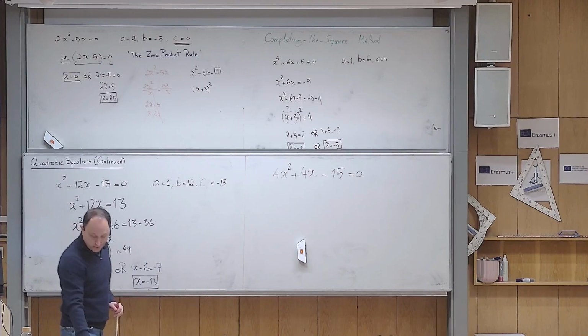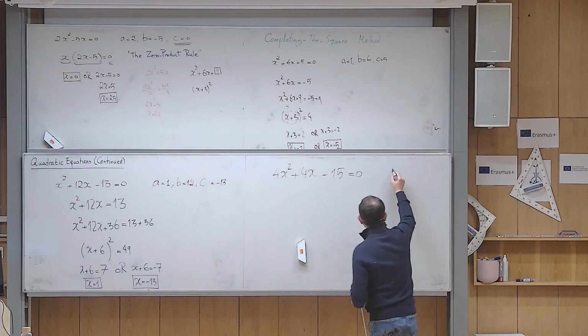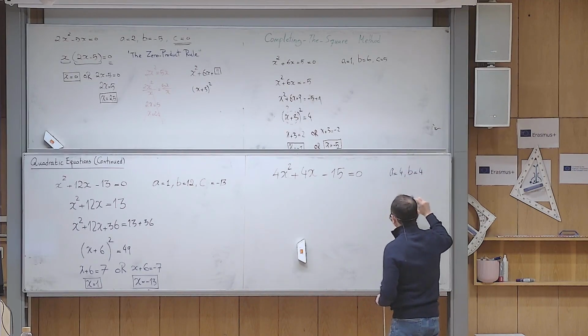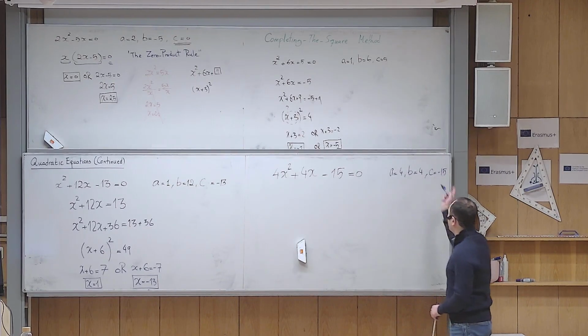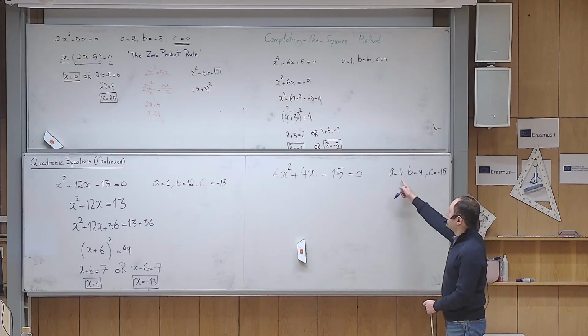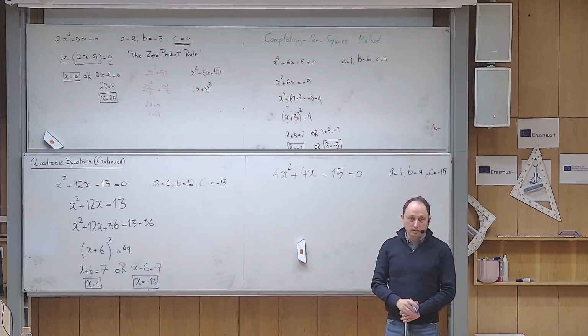If I ask you what a, b, and c are in this problem, you will tell me that a is 4, b is again 4, but c is minus 15. So none of them is 0, so I have to use the completing square method. And a is not 1, so there is one step more to the algorithm.